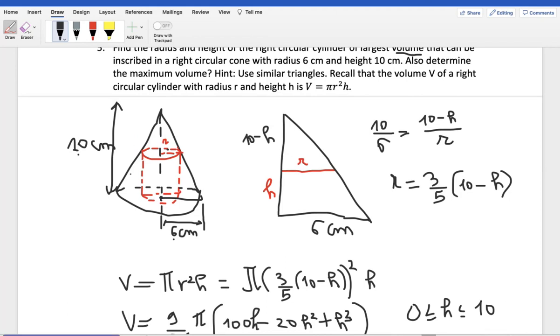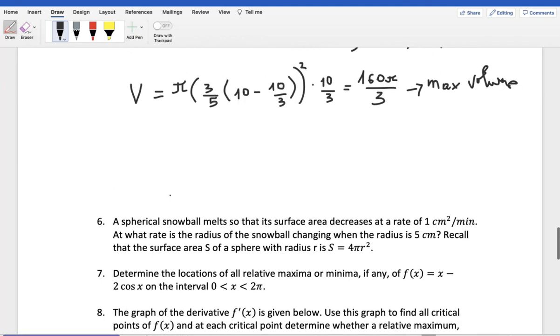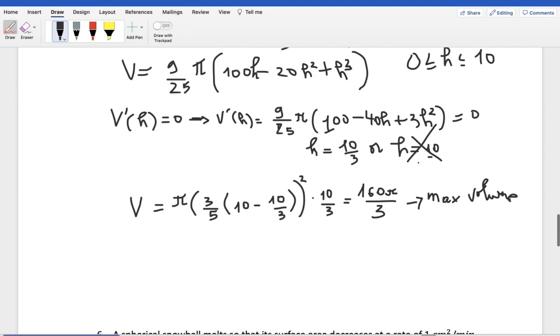From the diagram, you can already see that there's a certain maximum height that the cylinder can have inside the cone for it to fit. So it touches both extremities of the cone. Since we know that it can't be 10, it has to be less than 10.